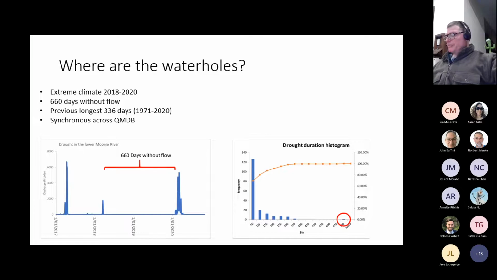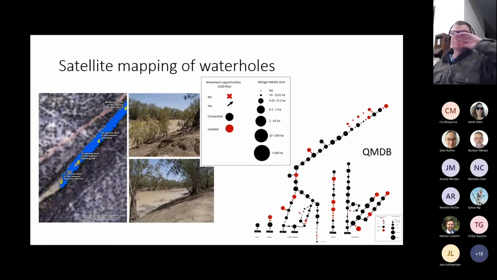And that's just illustrated with the two plots at the bottom. But one of the key characteristics about this drought compared with others was it was synchronous across the whole region, whereas in the past, many of the others had some parts of the system still wet while others were dry. So the satellite mapping used Sentinel, and this was work that we outsourced to our colleagues at Aussie Spatial.